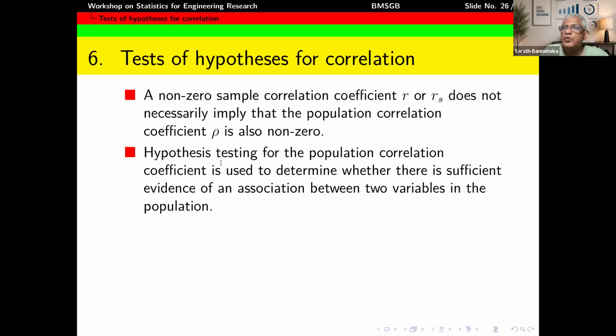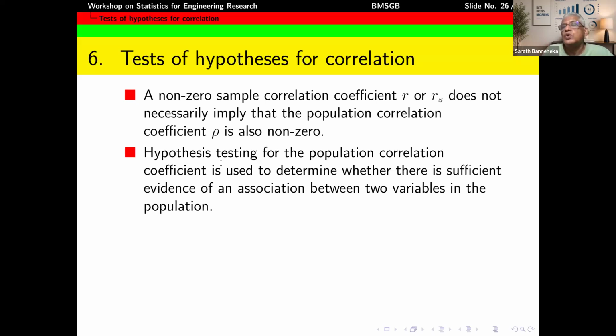Especially if you are looking at whether there is a relationship or not, what you are looking at is actually whether there is a relationship between X and Y in the population, right? People usually say we are interested in finding out whether there is a relationship between X and Y. That means we are really interested in finding whether there is a relationship between the two variables, X and Y, in the population.